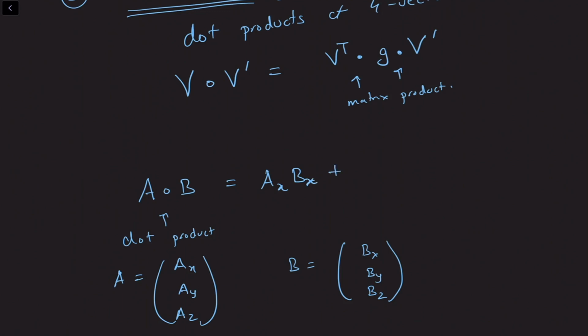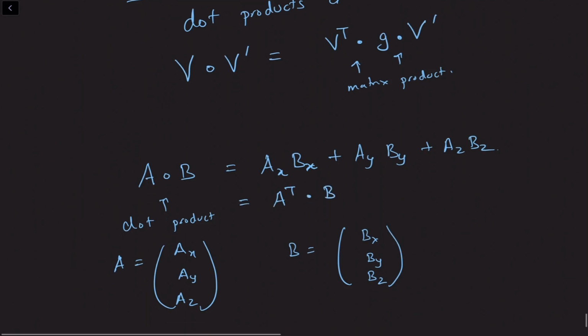It's AX, BX plus AY, BY plus AZ, BZ. In matrix notation, we write this as A transpose dot B, okay, where dot is again matrix product. But you see that secretly, you can think of this as having a metric in here. So I can write this as A transpose dot identity 3 by 3 dot B.